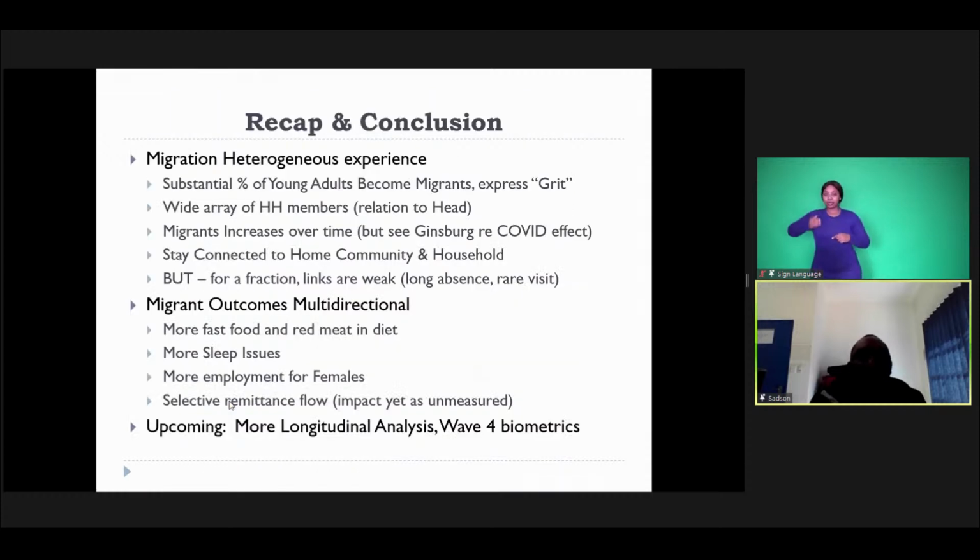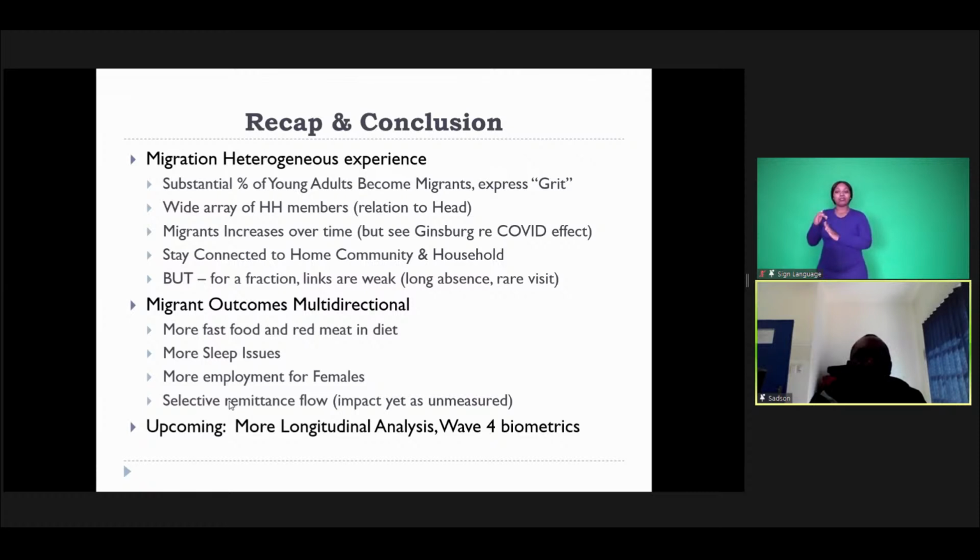So as for conclusion, there's a substantial percentage of young adults becoming migrants, and there's a wide array of household members in relation to the household of origin, and the household head, sorry. And migrants increase over time. I think this has been shown in one of the presentations made yesterday. Also, after they migrate, they stay connected to their home community and household.